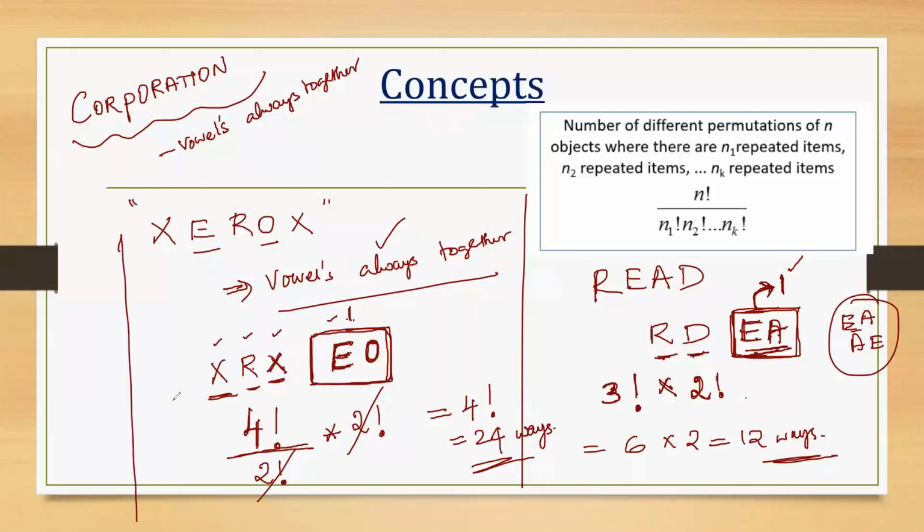Arrange the word corporation in such a way that vowels always come together. Anyone?